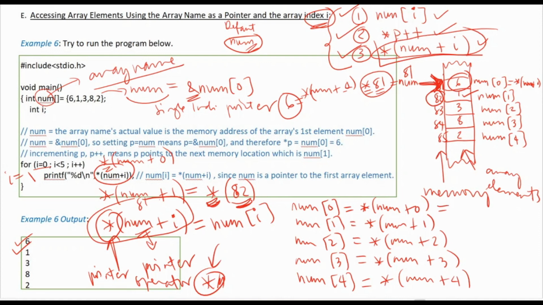And this is equal to 6, 1, 3, 8, and 2. Among the three ways of accessing array elements, it is the first one that is commonly used.